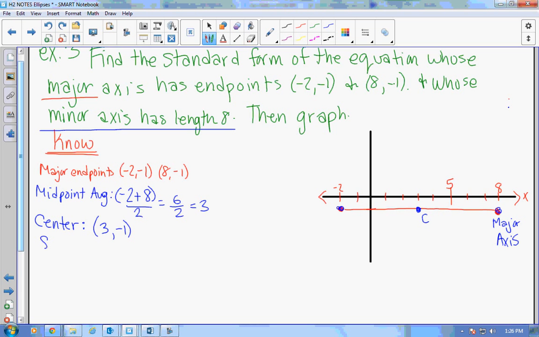So then we should know the semi-minor. If the minor is 8, what's the semi-minor? 4. Length 4. Since we know the center, from the center, you just go up 4 and down 4. And then you have the endpoints. 1, 2, 3, 4. Straight down because it's perpendicular to the major axis. 1, 2, 3, 4. Straight up.